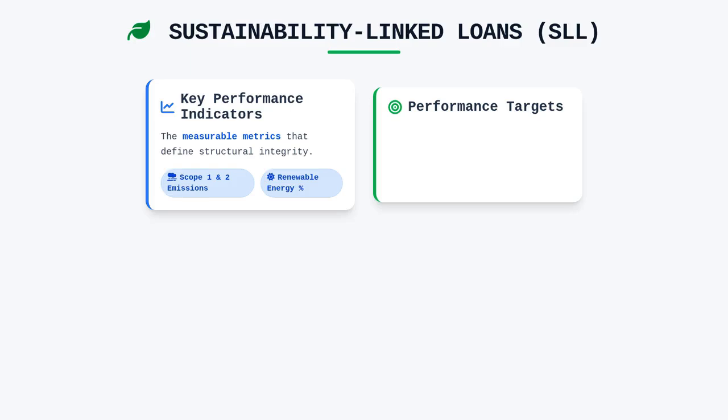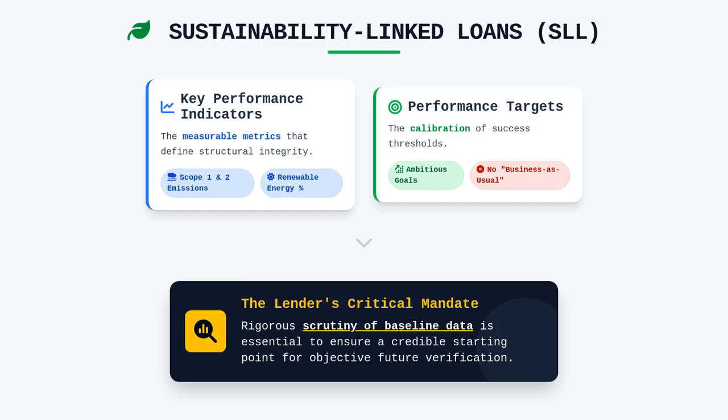The challenge for market participants lies in ensuring that these targets are ambitious rather than merely business-as-usual projections. A target that is easily met without significant operational change fails to drive the transition required by stakeholders and regulators. Consequently, lenders must scrutinize the baseline data provided by the borrower to ensure it represents a credible starting point against which future progress can be objectively verified.